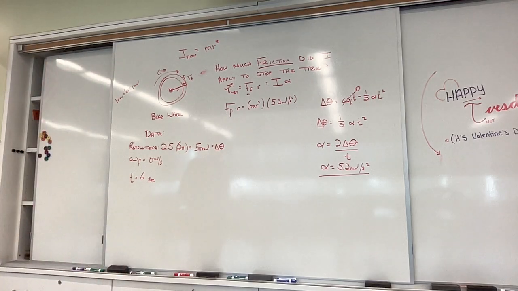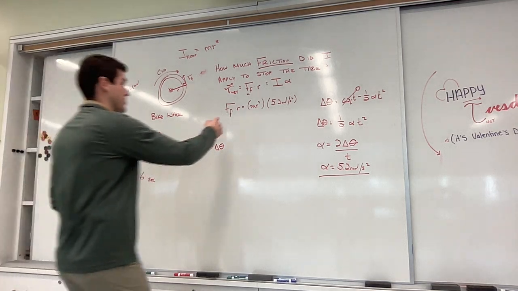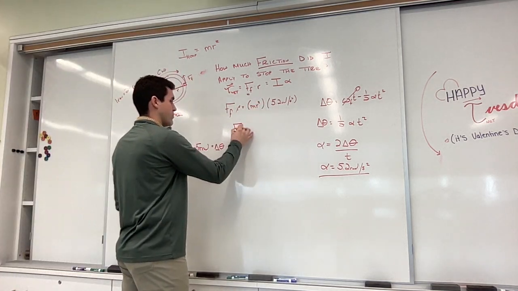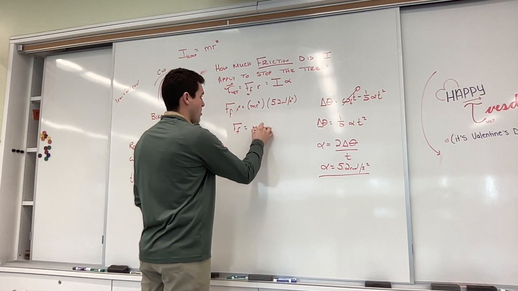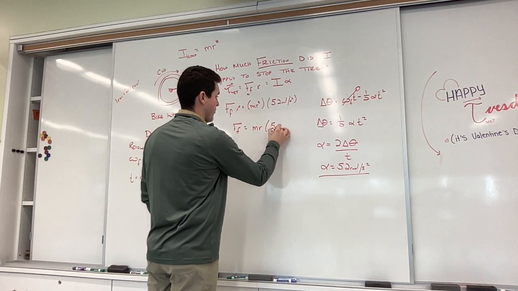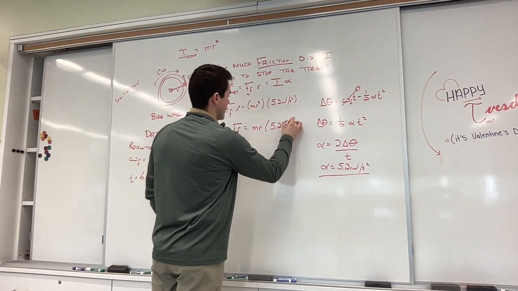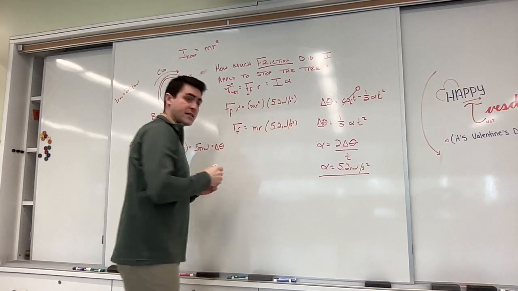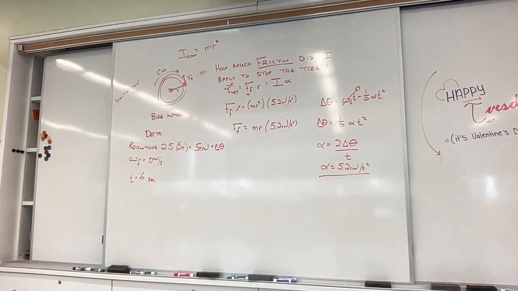All I need to know now is radius of the object and mass of the object. And actually I can start seeing these radii cancel out, so I'm left with force of friction is equal to mr times 5.2 radians per second squared. Let's take some data. Let's find the mass of this thing, and let's find the radius of this thing.